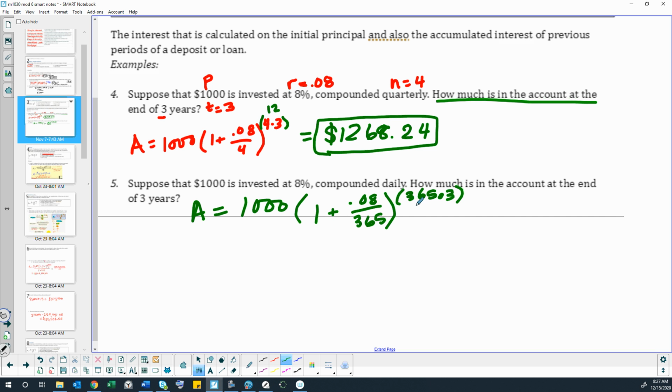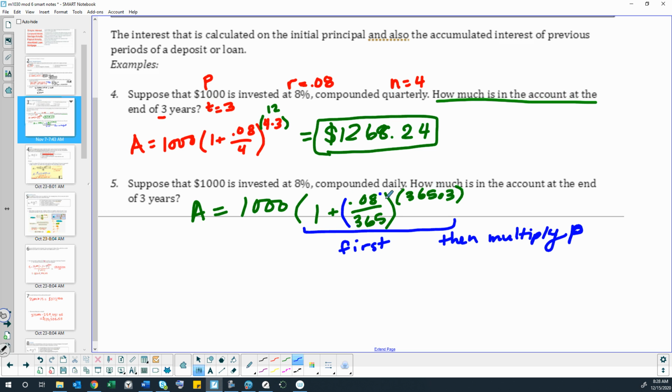If your calculator isn't giving you the right answer, you might consider trying to do this part first. So do all this first, and then multiply the principal at the end, because the order that we multiply in doesn't matter. That way it won't mess with this number. That'll maybe be a little easier.